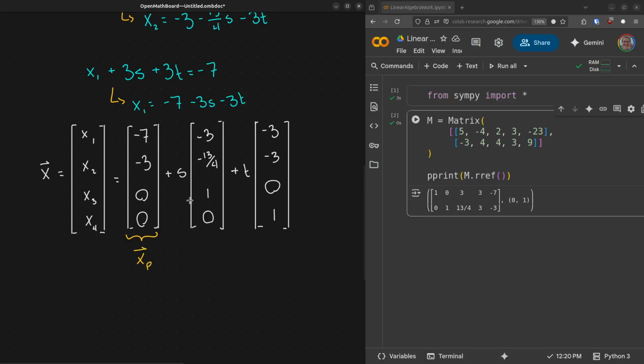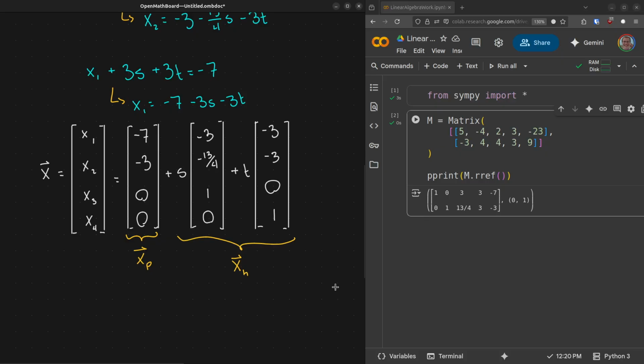Okay, and we could see that because if I set s and t both equal to 0, then I just get this last vector, and so it must solve the system. It is a particular solution. Okay, these guys with the variables, that is my general solution to the homogeneous system.